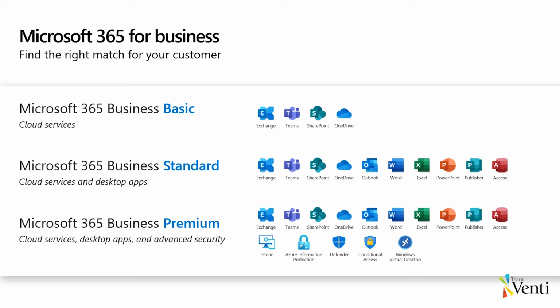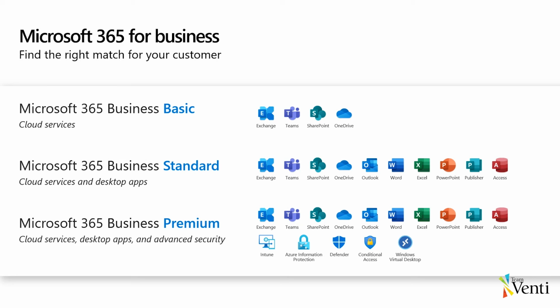Business Standard, the subscription in the middle, is going to be Business Basic plus the Office applications, the desktop applications rather, the ones that you can download and install on your devices. So this is going to give you up to 5 PCs or laptops, 5 mobile phones, or 5 tablets.